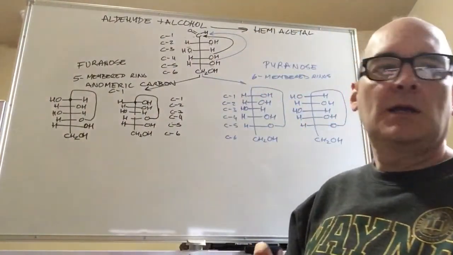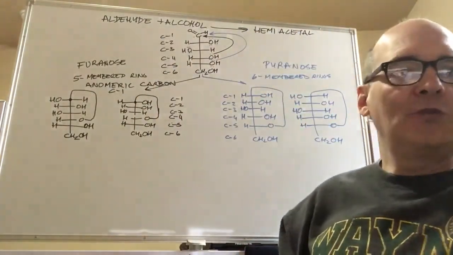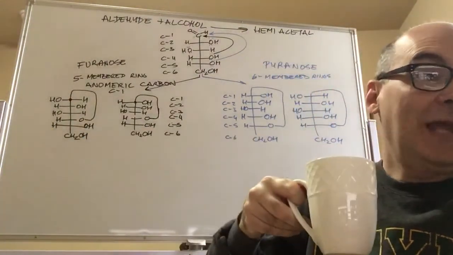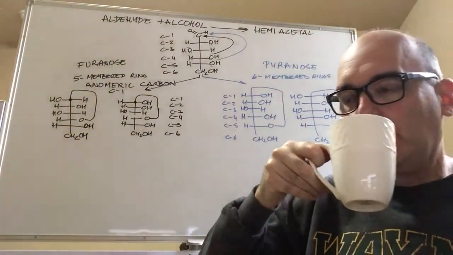The anomeric carbon for aldoses is always carbon number 1, because the aldehyde was at carbon number 1.